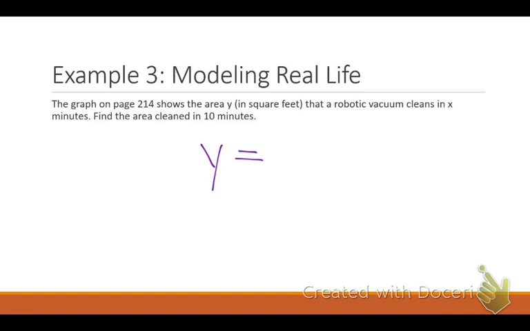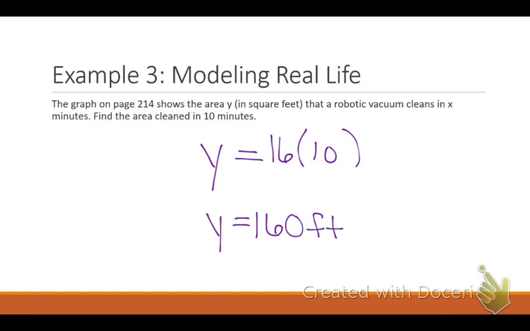Okay, so follow over to the 1 minute, and now follow it all the way up to the point, and what is it? It's 16 feet per minute. Do I know how many minutes I'm trying to gauge? 10. So I just plug in my 10, and y equals 160 square feet. I could do feet squared, square feet, either one. All right, feet squared in 10 minutes.